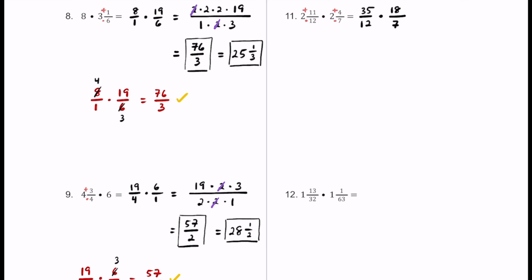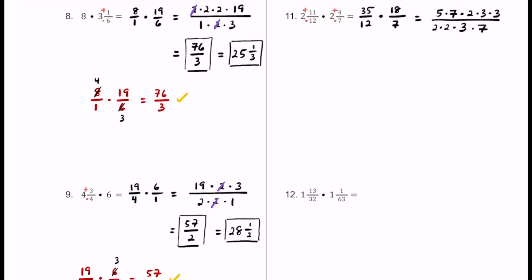All right, so we don't really want to multiply these out. We want to try to use maybe our prime factorizations here. 35 breaks into 5 times 7, and then 18 breaks into 2 times 3 times 3. The 12 on bottom will break into 2 times 2 times 3, and the 7 is already prime, so that's going to stay as a 7.